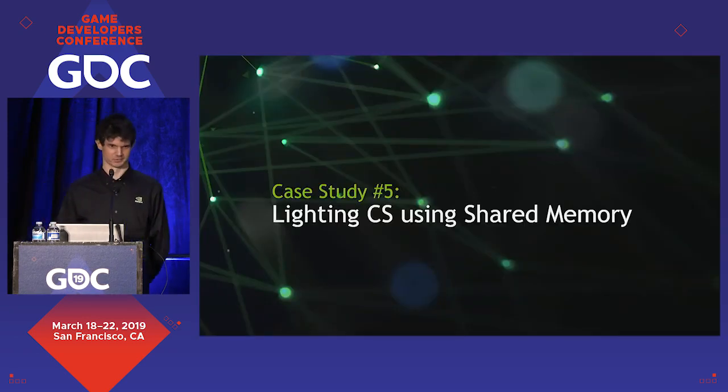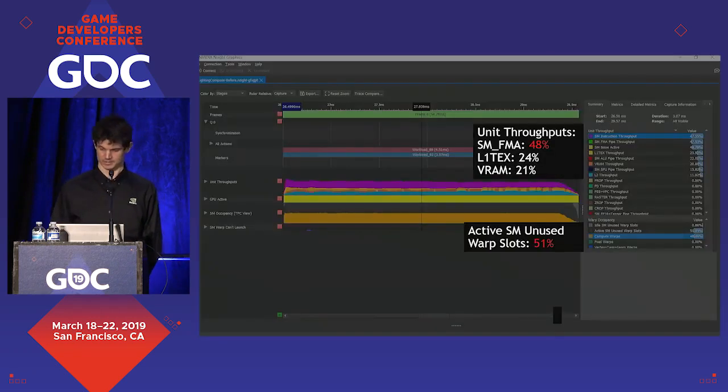Another example that is not VRAM limited is a lighting compute shader using shared mem. It has a top throughput unit, the SM FMA pipe, and it has a lot of unused warp slots with active SMs, 51%.